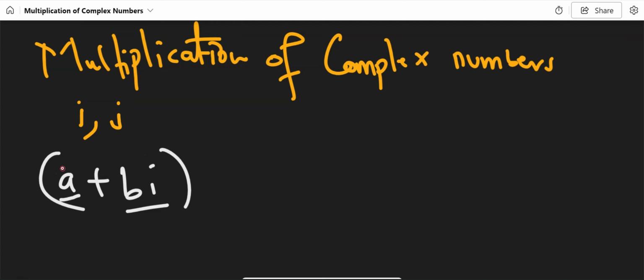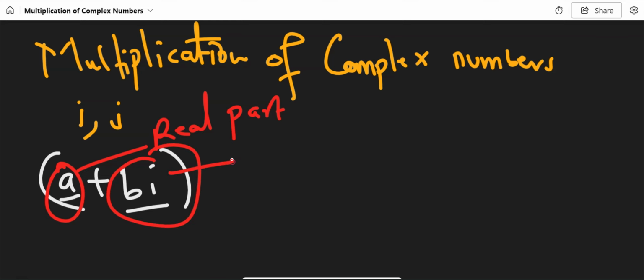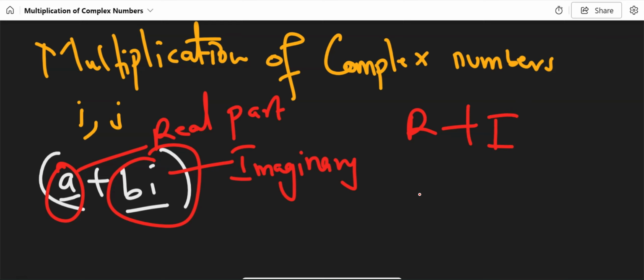The a is called the real part, and this is the imaginary part. So a complex number is a combination of real plus imaginary. You can say complex equals real plus imaginary. So there are normally two parts of a complex number.